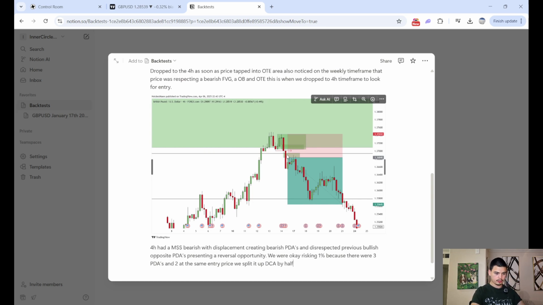I have 0.5% placed as a sell limit at the first PDA, aka the FVG that got tapped into.